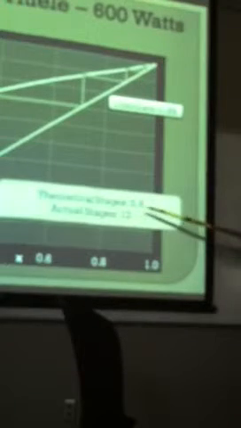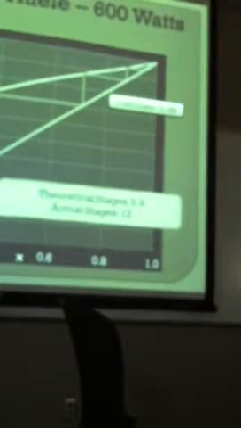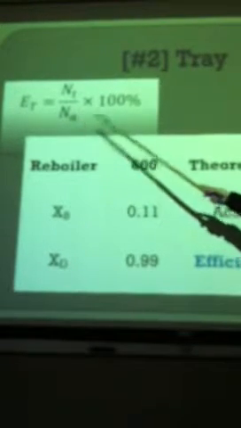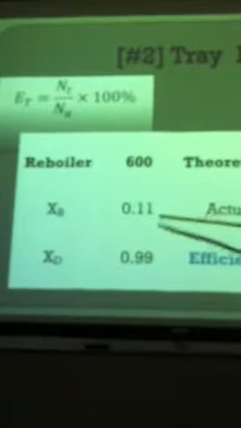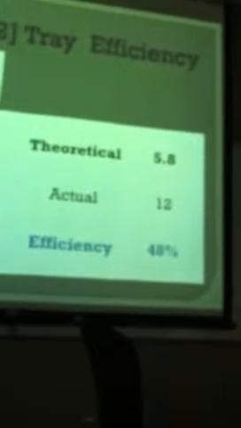So our theoretical stages are 5.8. The trays that are actually in this distillation column are 12. So to find tray efficiency, you just divide your theoretical trays by your actual trays and multiply by 100. So at XB 0.11 and XD 0.99, our efficiency was 48%.